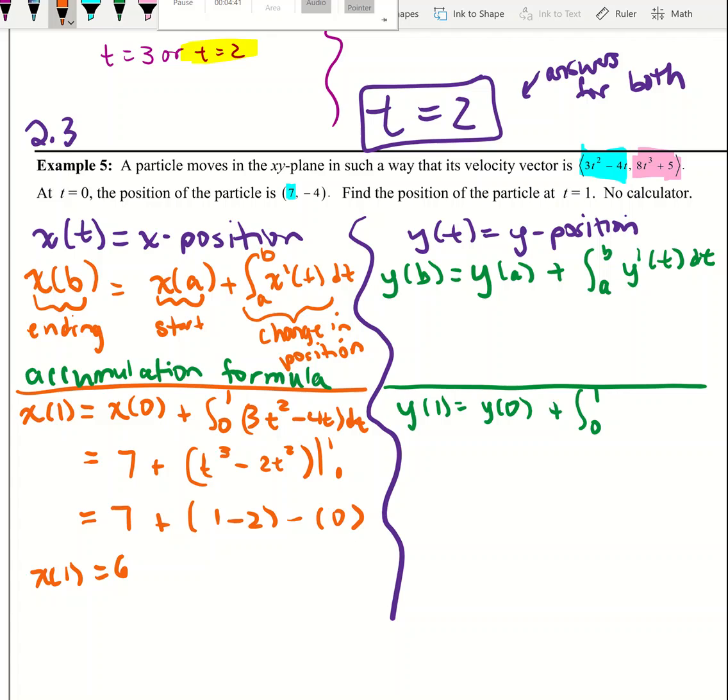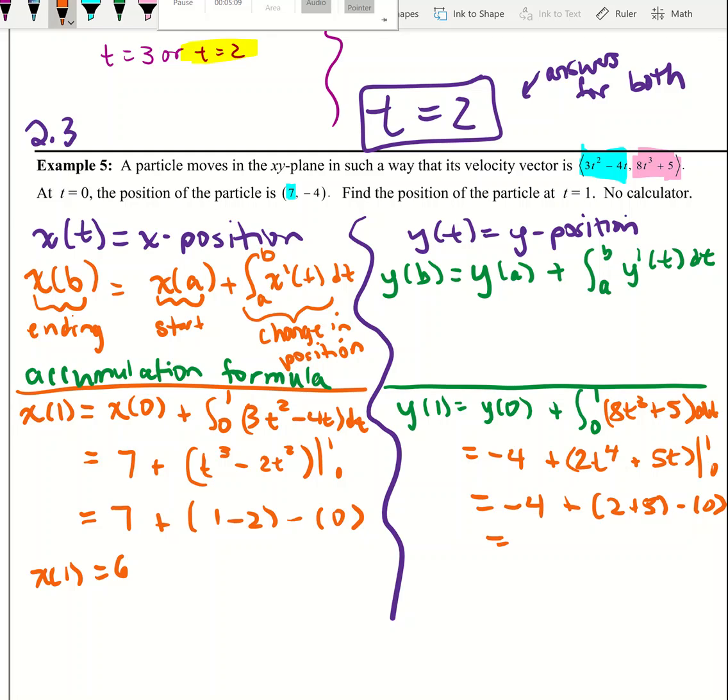So they gave us that component with 8t cubed plus 5, and then we'll take that integral with respect to t. So y of 0 is -4, and then if I use the power rule here, I'd get 2t to the 4th plus 5t, and I want to evaluate that at 1 and 0. So -4 plus 2 plus 5 minus 0 would end up with an ending y value at time 1 of 3.